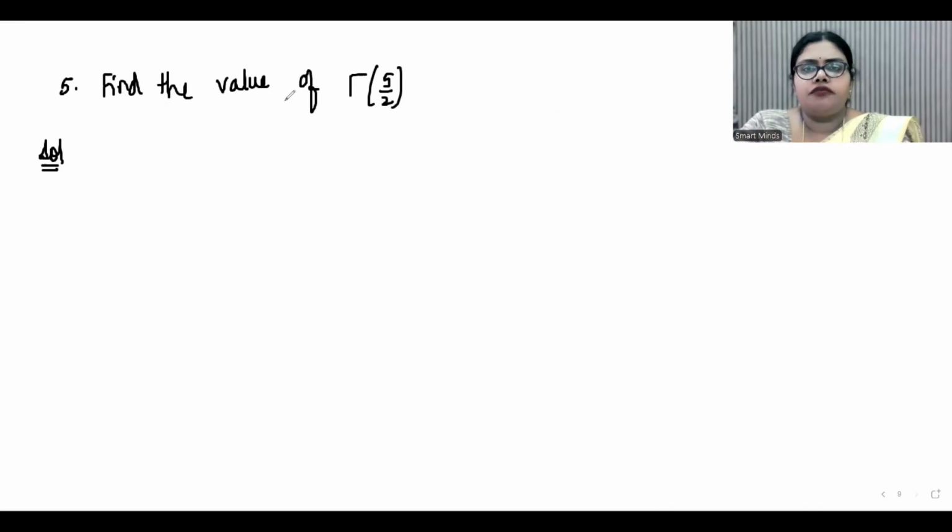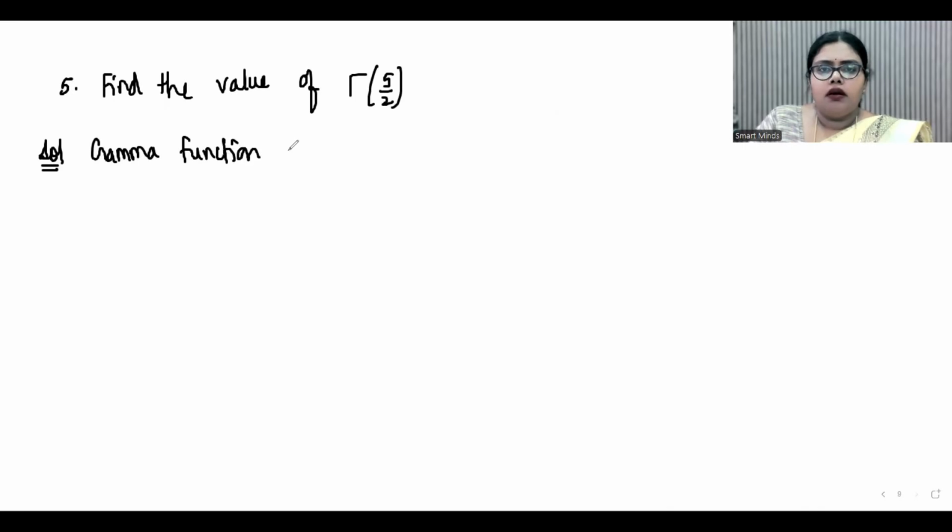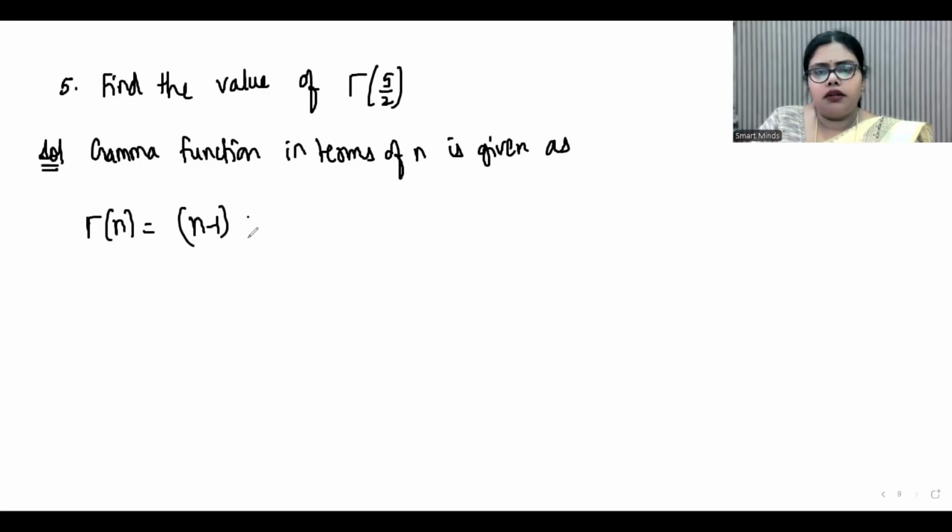Take the next question. Find the value of gamma of 5 by 2. So we have a formula for the gamma function. What is the gamma function in terms of some n? It is given as gamma of n is equal to (n minus 1) into gamma of (n minus 1).